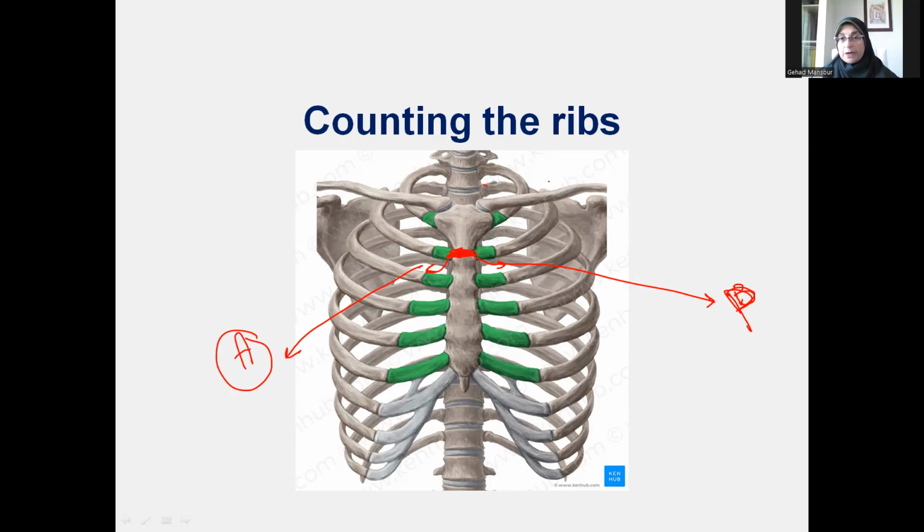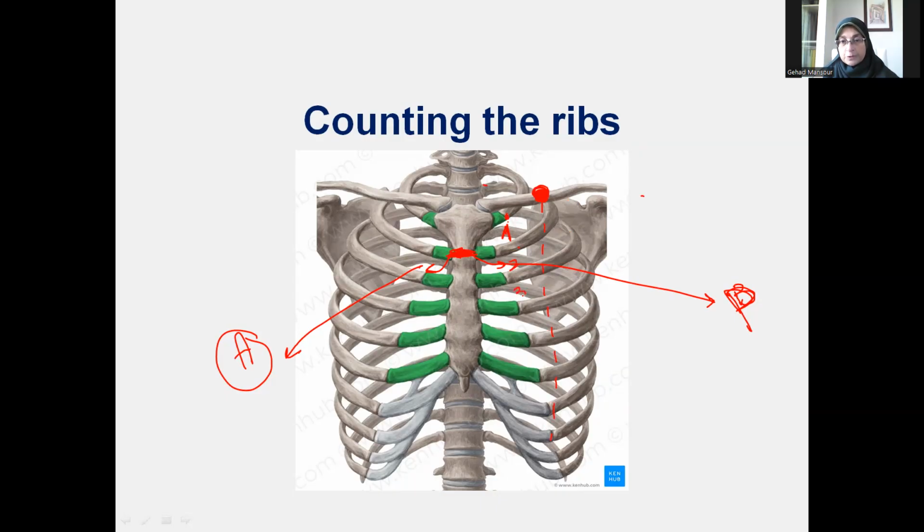The ribs and the clavicle also help us determine the apex, because on the left side, if you take a point at the middle of the clavicle and you drop a perpendicular like this, then this is the mid-clavicular line. If you count the spaces, this is between the first rib and the second rib, this is space number 1.